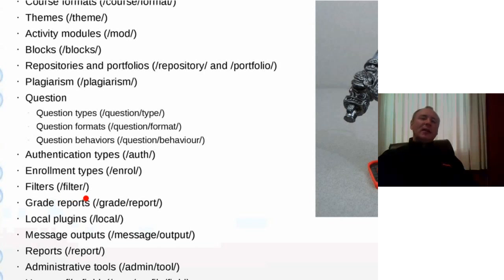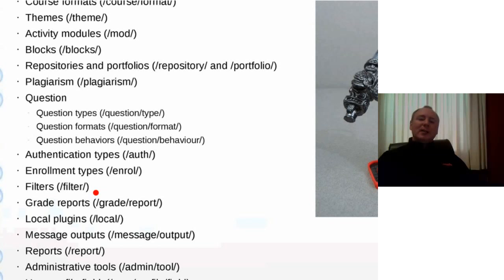Filters, I think, are really neat and a great time saver. Basically, any time a user puts in information in a particular format, it's sort of like a search and replace. When Moodle finds that information, it'll swap it out.